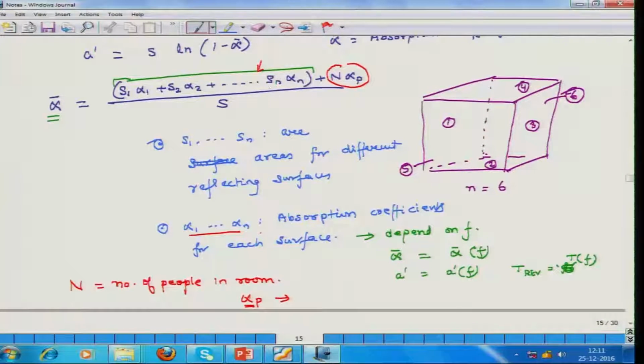So, here you have S times alpha, but here it is N times just alpha. The unit of this is meter square. The unit of this entire term is also meter square, but alpha n unit is dimensionless. So, let us look at this table again.